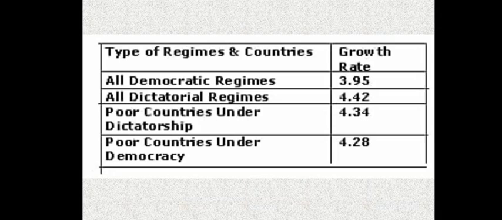In the table, all democratic regimes' growth is 3.95, and in dictatorial regimes it is 4.42 from 1950 to 2000, meaning there is a slight difference with democratic countries.